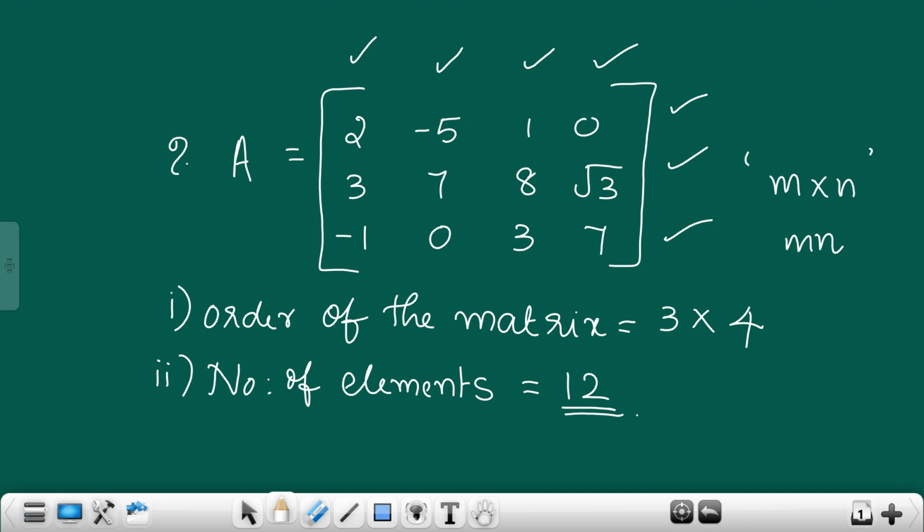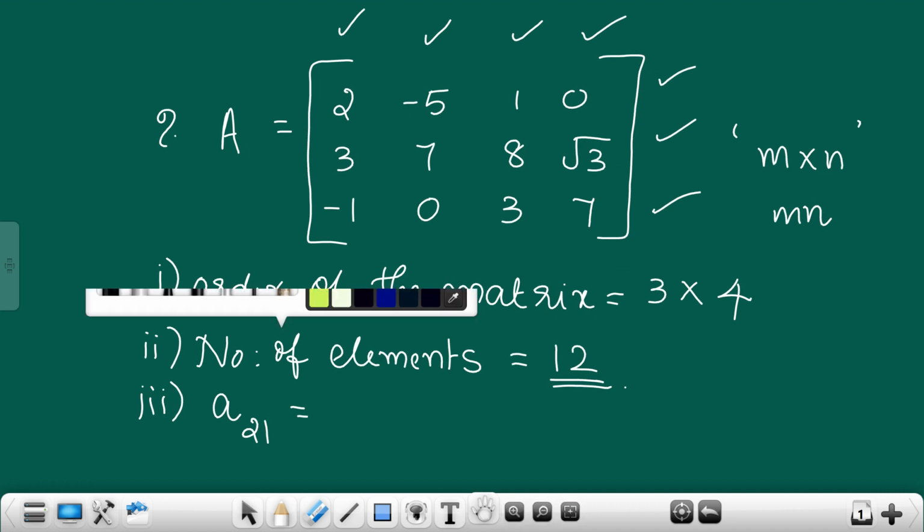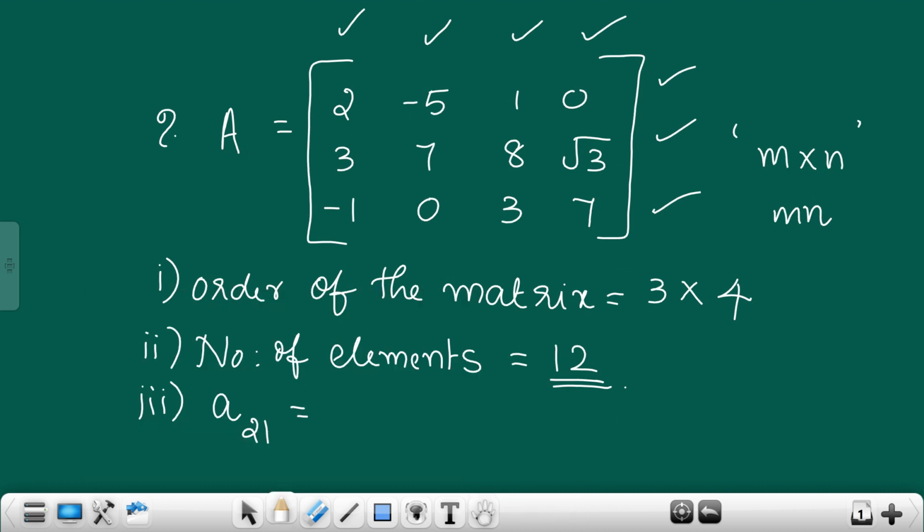Third part, write the elements A21. Here A21 means the element whose position is second row and first column.